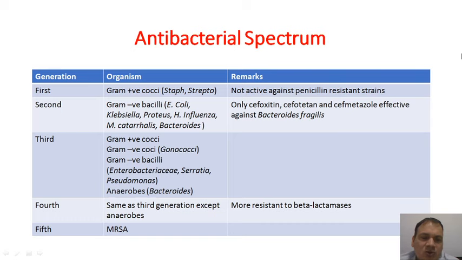It also has some gram-positive activity, but mostly on the gram-negative bacilli like your E. coli, Klebsiella, Proteus, Haemophilus influenzae, and bacteroides also. So as far as the bacteroides are concerned, only 3 antibiotics in the second generation, that is your cefoxitin, cefotetan and cefmetazole, are effective against your Bacteroides fragilis.